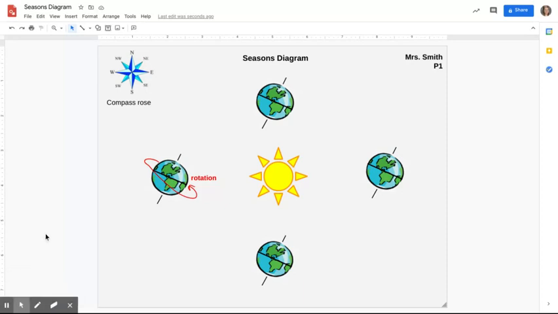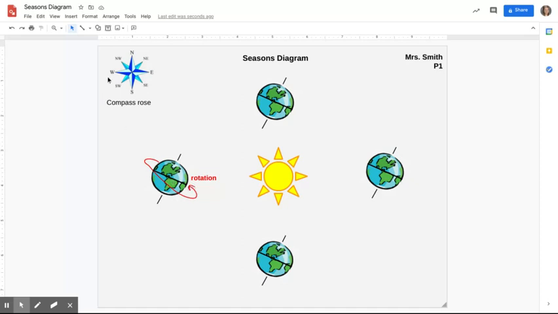Now, if you remember, the sun looks like it rises or starts the day in the east, and it sets or goes down in the west, which really means if the sun rises in the east and sets in the west, that the earth moves from the west to the east.